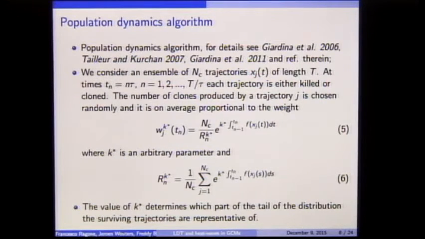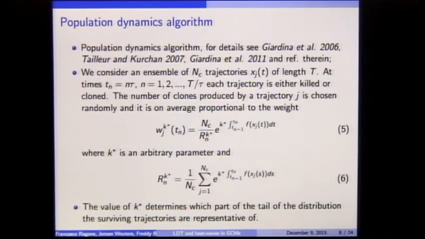And then, periodically, every time tau, which I call the cloning time, you perform a killing and cloning procedure of the trajectories. What you do is assign a weight to the trajectories that goes exponentially with the average of the control variable in the time window between the preceding cloning event and the actual cloning event.